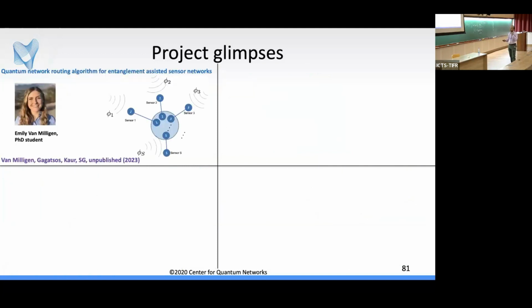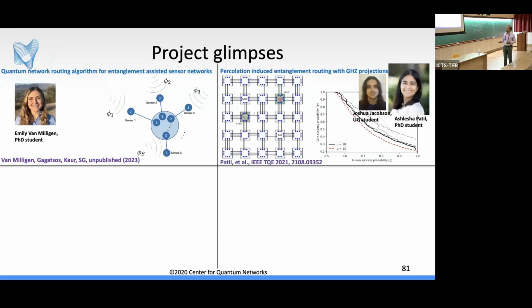We are looking at entanglement-assisted sensing, which I talked about, but in the context of when the entanglement is itself distributed by a network using probabilistic operations. How should the network be distributing entanglement to a set of sensors that are not located in the same place that maximizes the QFI for some sensing task?